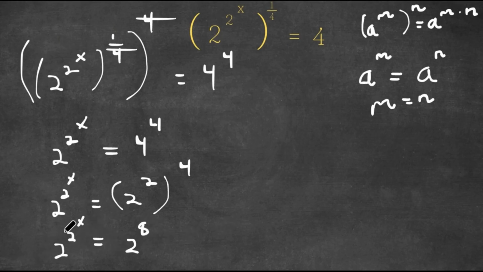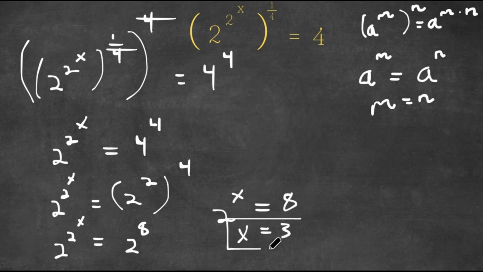This means that the exponents are the same as well, meaning 2 to the power of x is equal to 8. And this is simply just asking 2 to the power of what is equal to 8? That means that x is equal to 3. So this is our answer.